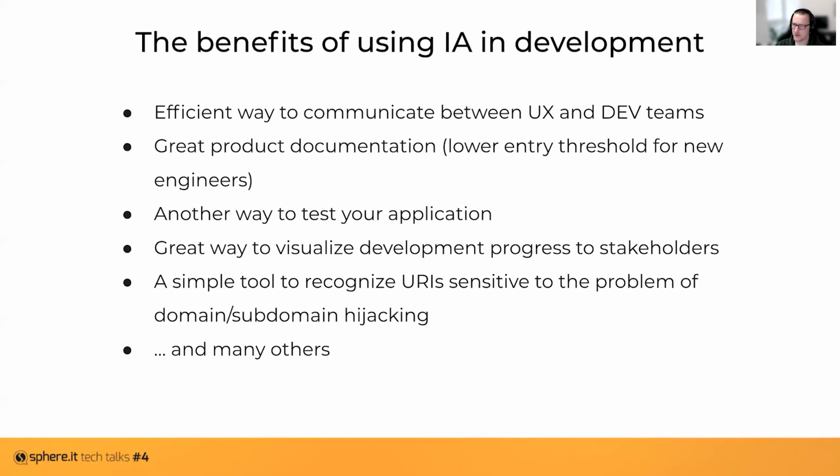And as I described in the third point here, using the graph and an automated solution gives you the possibility to list all unused subdomains and to secure them. There are also many other benefits, but I believe that's out of the scope of this presentation.